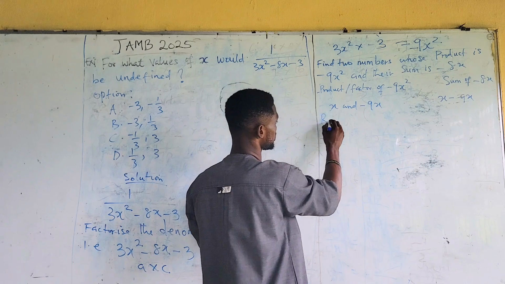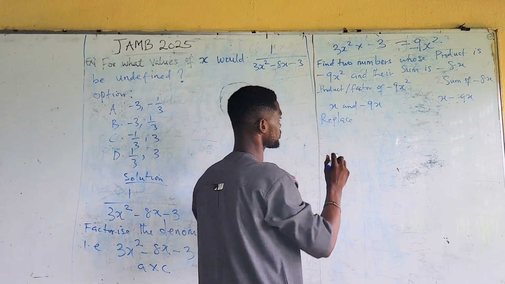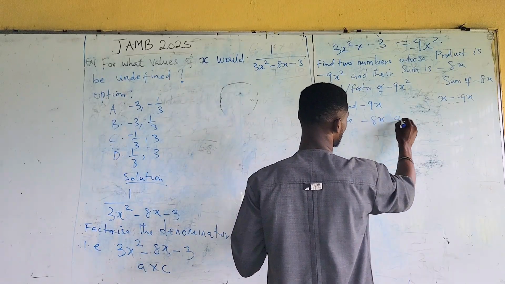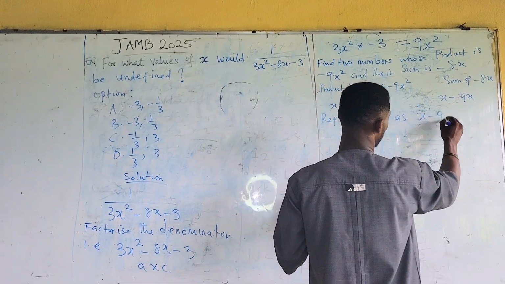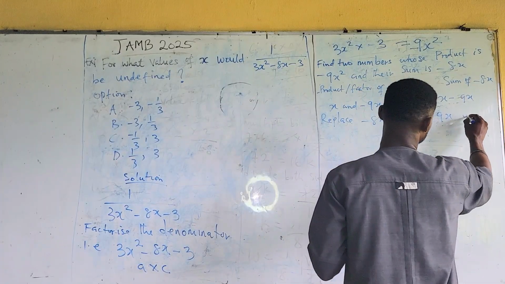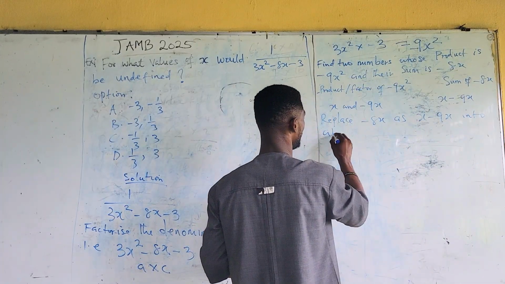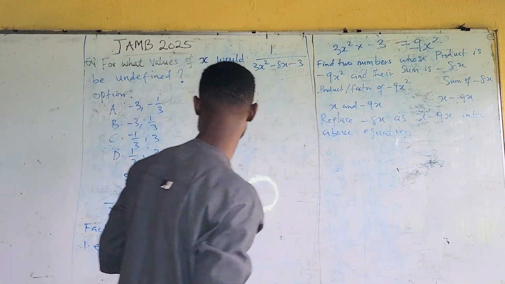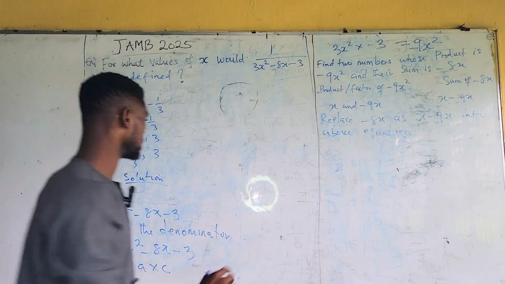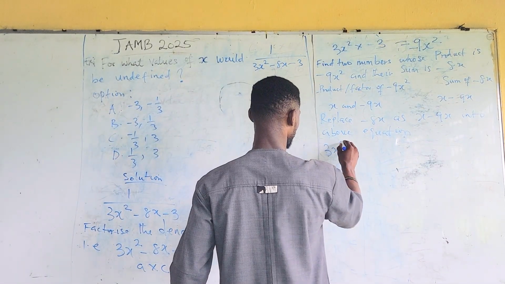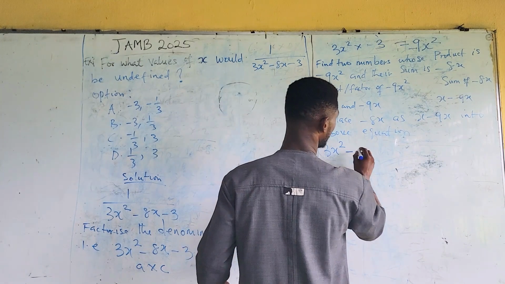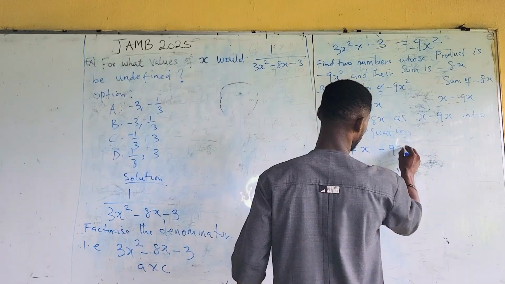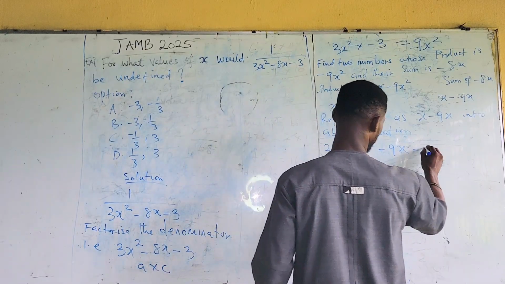So replace minus 8x as x minus 9x in the above equation, which is 3x squared plus x minus 9x minus 3.